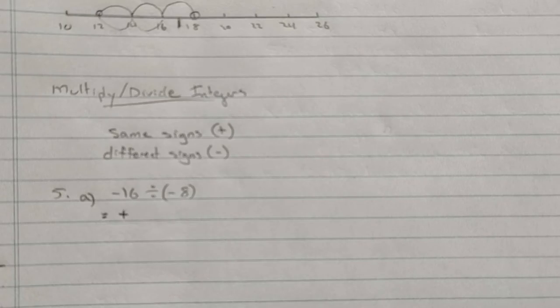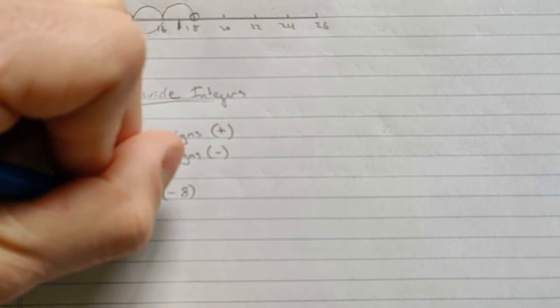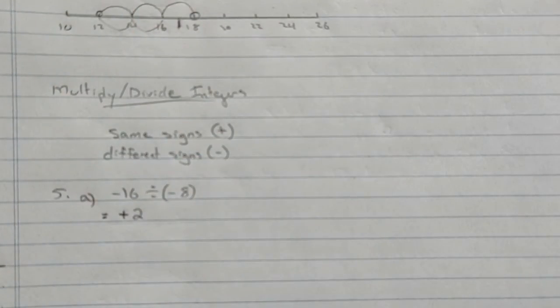Now I'm just going to divide the two numbers. 16 divided by 8 is 2. Even if I was typing this in a calculator, I would not use the calculator to find the signs. I would just figure out the signs, different signs or same signs, and then determine the sign, and then just use the division of two positive numbers.